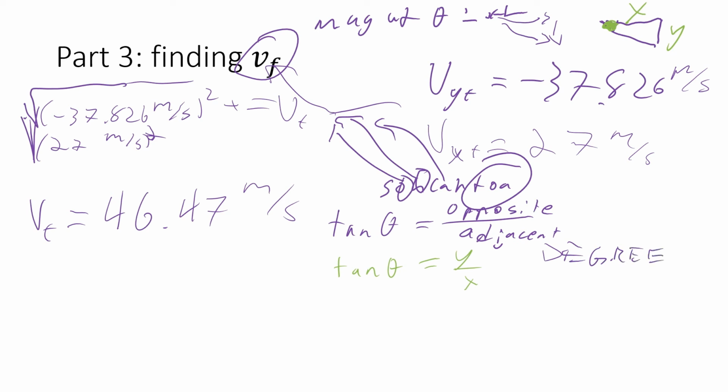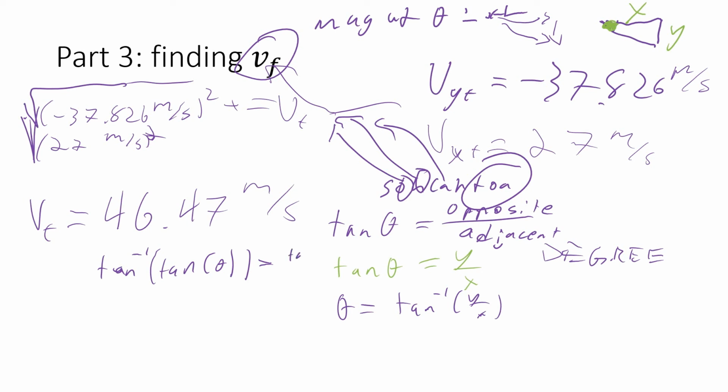So, since we know that tangent of theta equals y over x, we also know that theta equals the inverse tangent of y over x. And if you want to know how we do that, you're basically taking the inverse tangent of both sides.